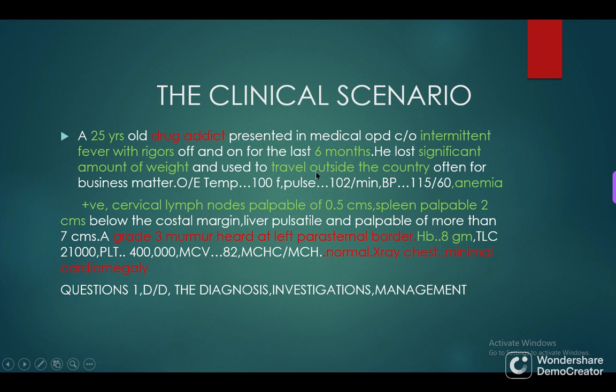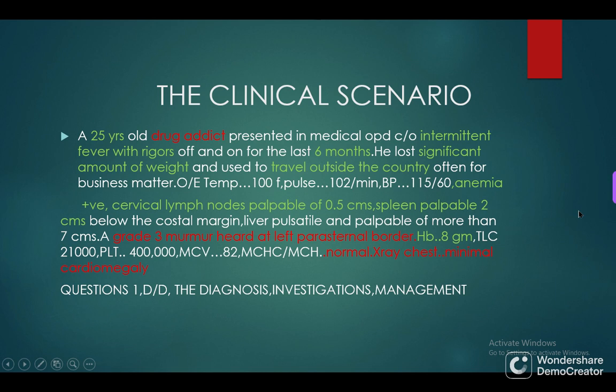This is a very important point: although he studied, he traveled outside the country for business. Otherwise, the pulse is not helpful, the BP is not helpful, and the temperature is already known since he said he is feverish. The only thing is that the liver is pulsatile and palpable more than 7 centimeters. This can help. Important is the cervical lymph nodes palpable 0.5 centimeter with splenomegaly.